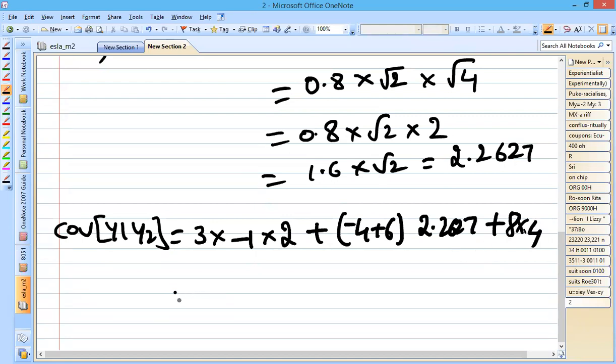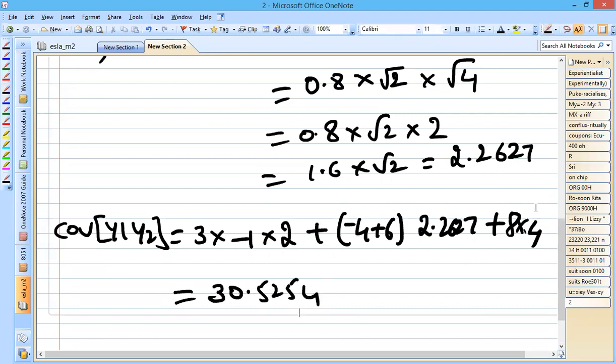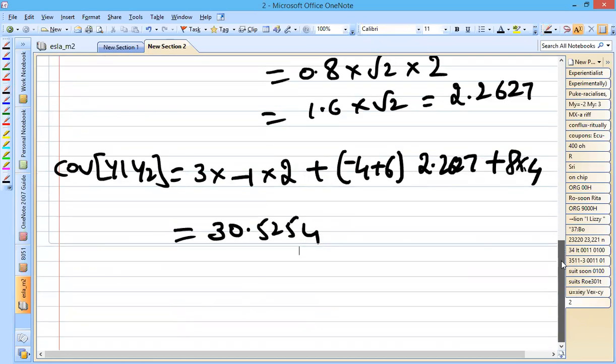Simplifying this gives the covariance value as 30.5254. Do the calculation by substituting the values for a, b, c, d and the covariance value to get the covariance of y1 and y2.